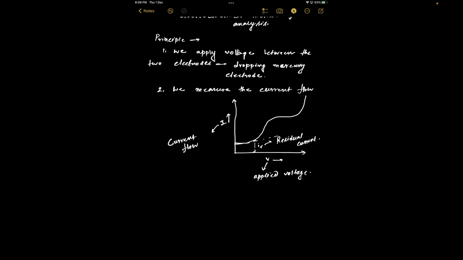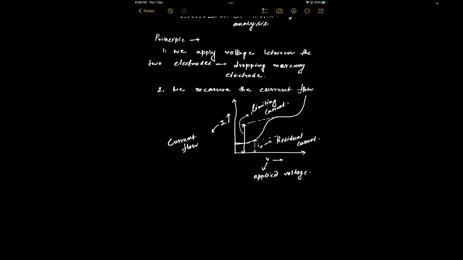Like this. And this amount of current we call the limiting current. So residual current means in the absence of any analyte, just in the presence of the electrolytic solution, which is, let's say, KCl.